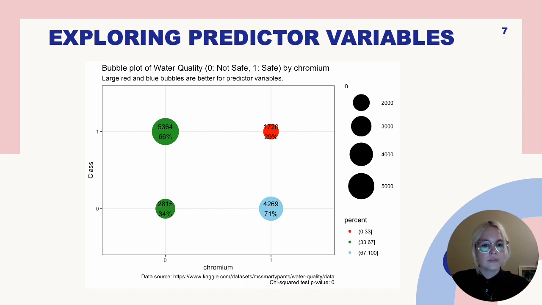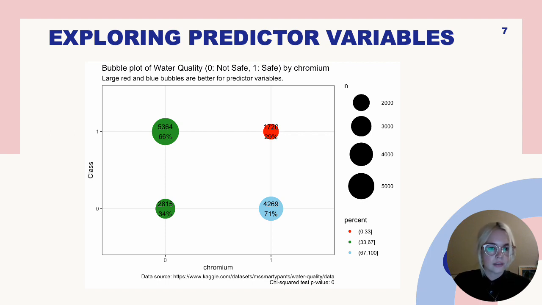Honestly, none of the predictor variables were ideal, but this variable chromium was one of the stronger ones when looking at the bubble plots. So you can see that when chromium equals 1, meaning it's at a safe level, 71% of the observations are unsafe and 29 are safe.